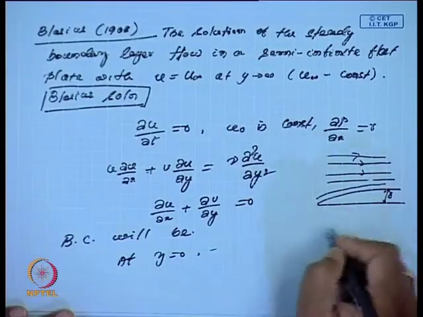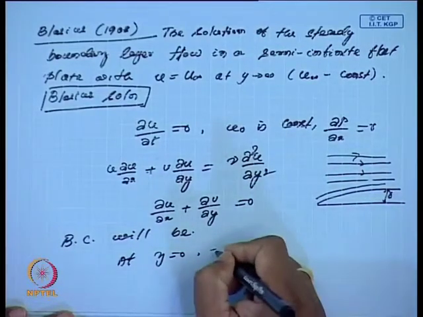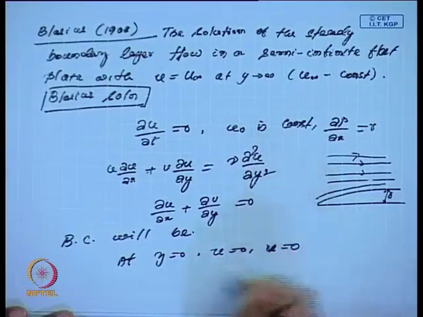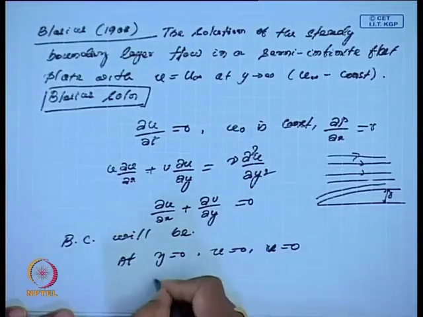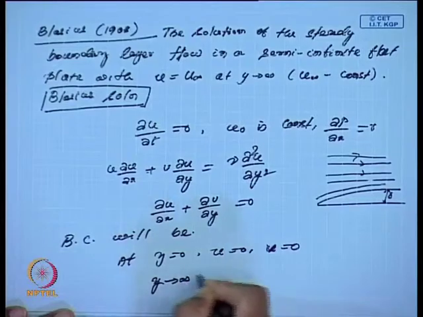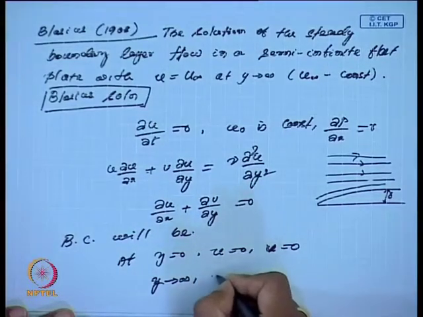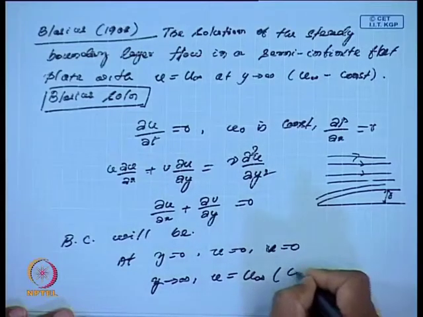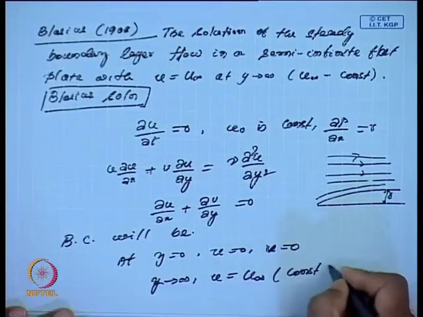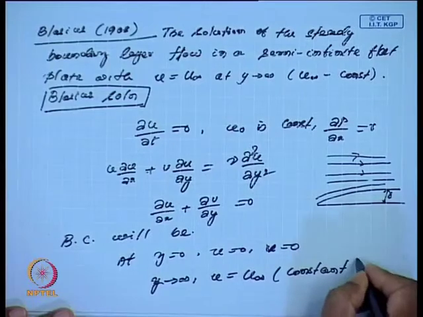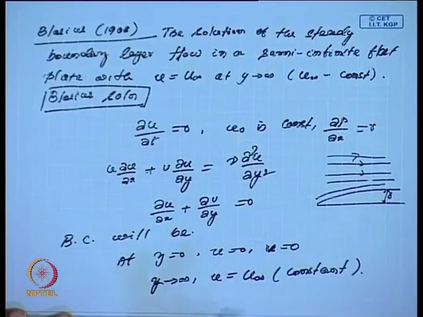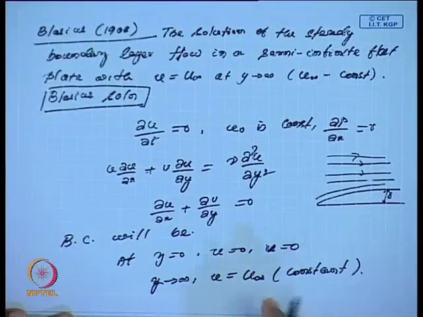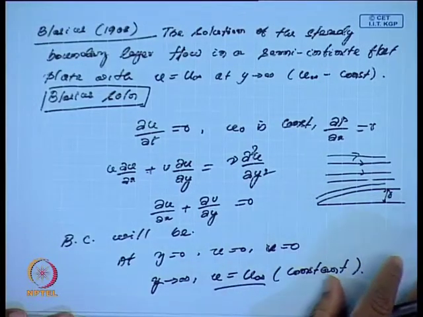So at y equal to 0, u is equal to 0, v is equal to 0, and at y tends to infinity, u is equal to u infinity. This is a constant, streamline flow. Sometimes we call this, beyond this, the free stream velocity.